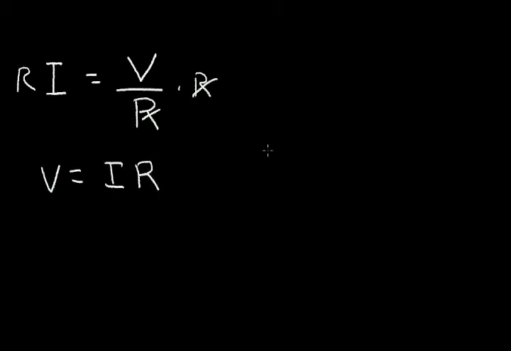So think of a resistor. We have a certain current flowing through the resistor. Let's say 1 amp. And let's say we have 1 ohm resistor. So 1 amp times 1 ohm gives us 1 volt.